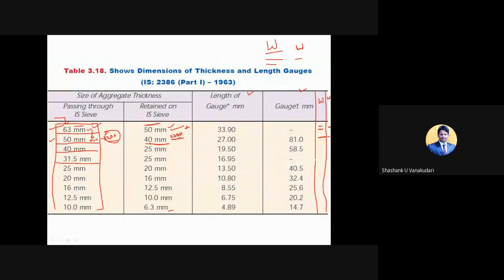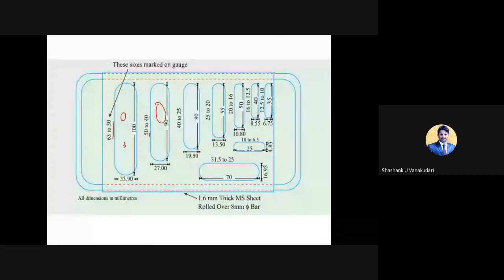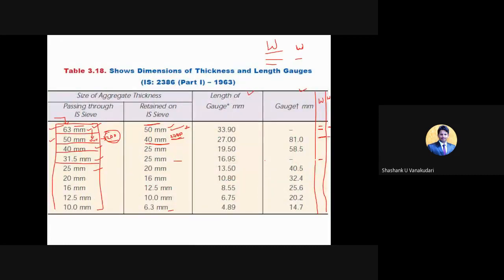Clear? Like that we'll go with all the sieve sizes here. For example, 31.5 mm passing, 25 mm retained, 200 particles weight. That one I write here, and that one I am going to pass. Here it is 31.5 and 25. I'm passing through this portion. So some aggregates again will get passed and some aggregates will get retained.